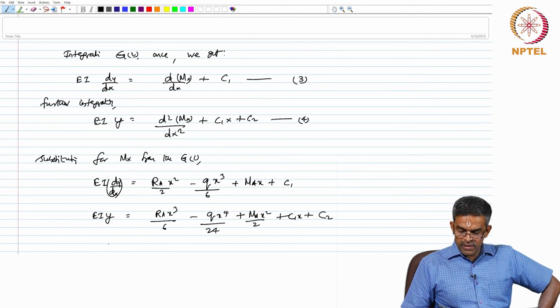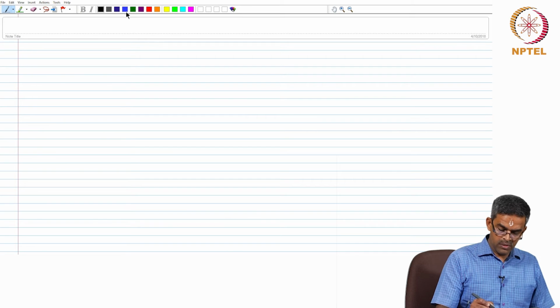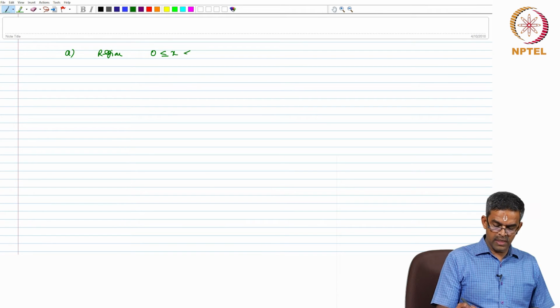But there are different regions in the beam for which this equation should be separately written. Let us talk about region 0 less than x less than a.